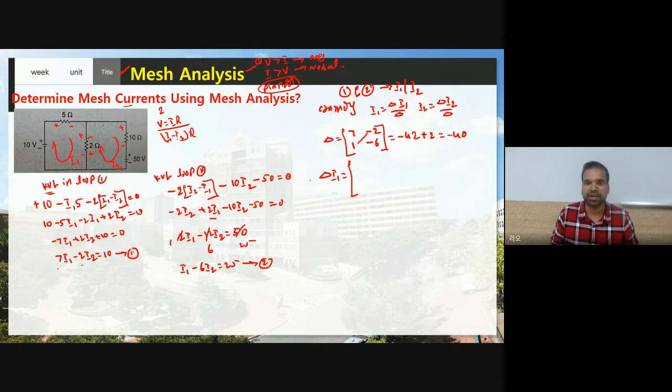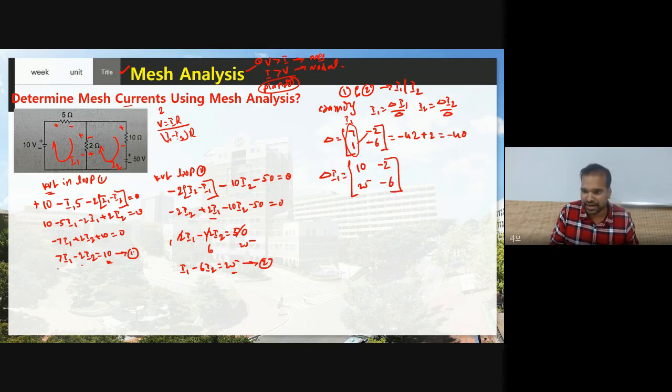Now you need to write delta I1. Delta I1 means in place of I1, see this 7 and 1 are the I1 terms. So instead of I1, you will write the constant values from equation 1 and equation 2. What are the constant values? 10 and 25. Now you need to write the I2 values: minus 2 and minus 6.